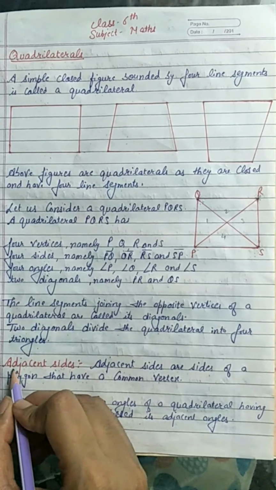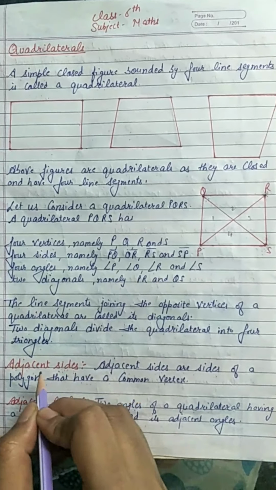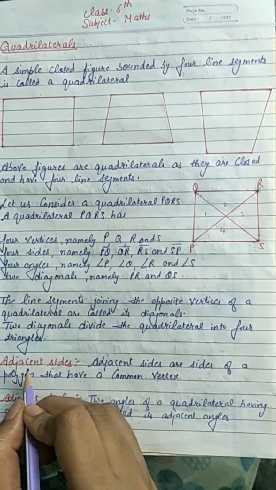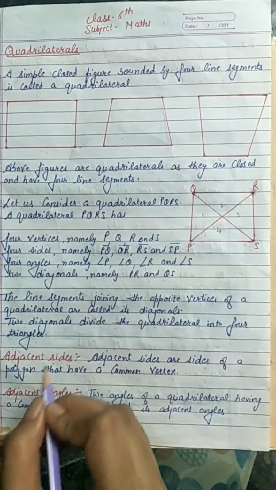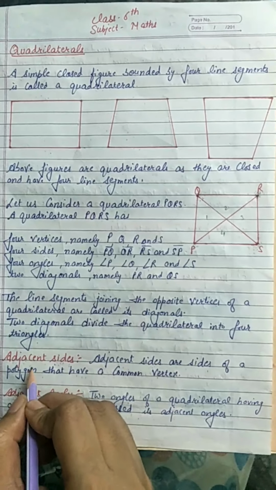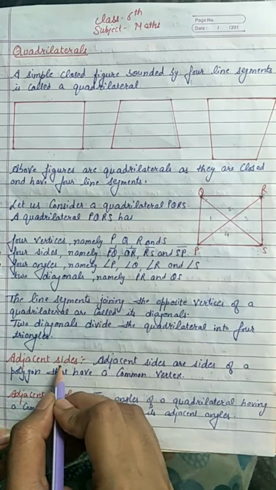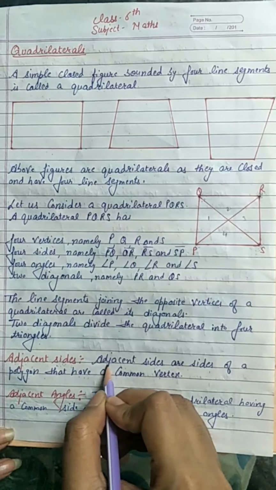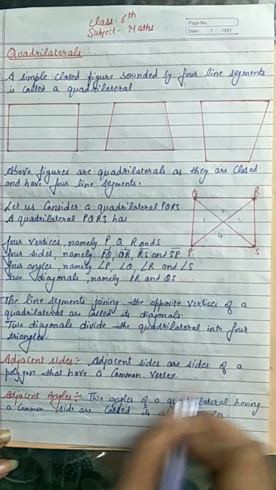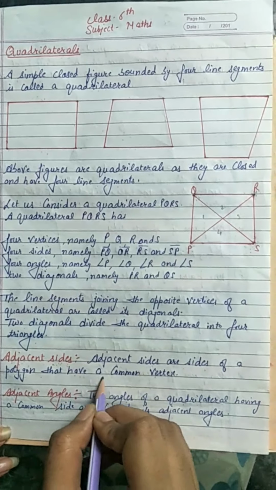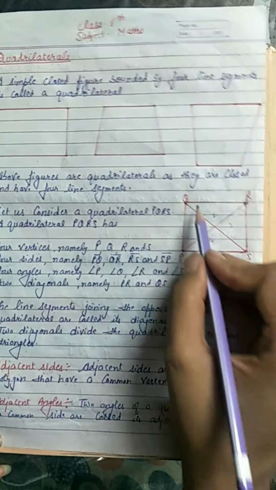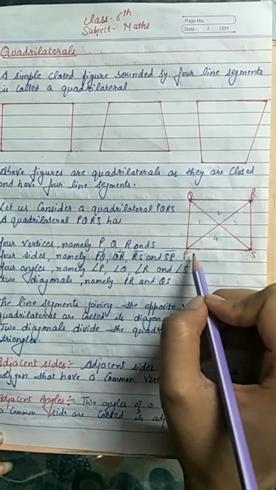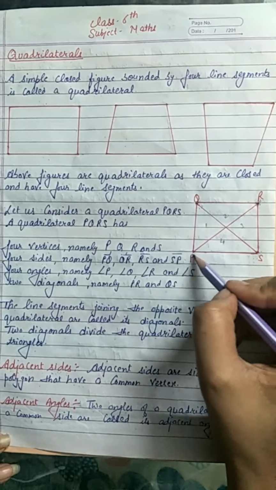Next topic is adjacent sides. Do you know the meaning of adjacent? Adjacent means close to something. But here we are talking about adjacent sides. Adjacent sides are sides of a polygon that have a common vertex. See in this figure, PQRS is a quadrilateral.